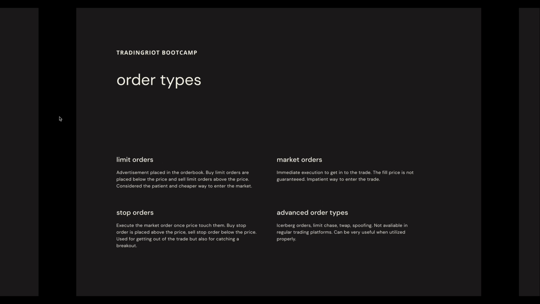For example, this often happens when, let's say you want to buy here, and the market will come into your level and hit the level, but it's not going to fill you.